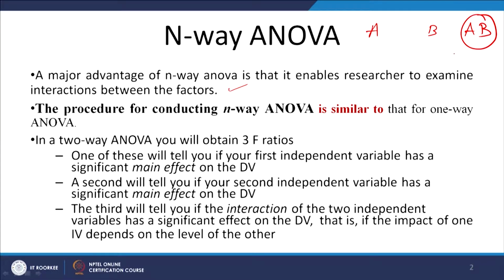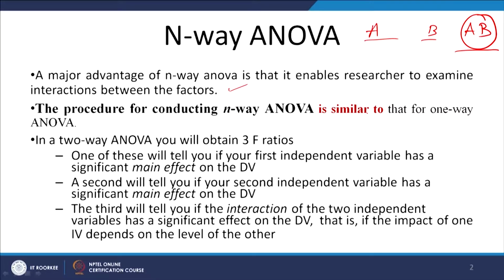This effect is the most important thing, as in real life it has a very profound impact. That means variables do not individually affect the dependent variable, but they affect it in a combined manner. The procedure for conducting N way ANOVA is similar to the one way ANOVA, only it adopts a general linear model method, which I will show you and explain.